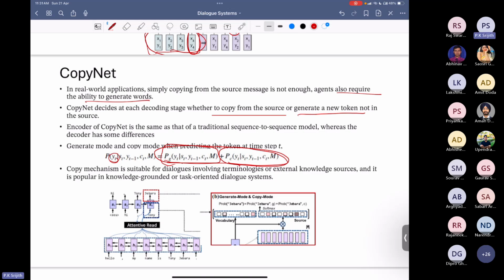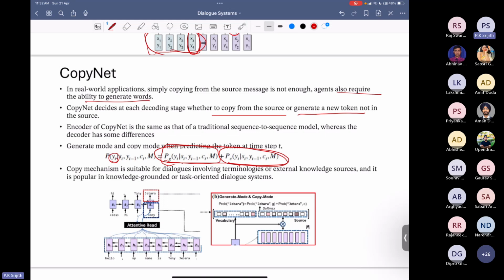So it contains two components. One component trying to generate a new word, the other component trying to just copy one of the words in the input sentence as the output. So one can think of this as some kind of weighted combination of these two components, with weights being decided at the decoder, and it's going to be different for different stages of the decoder.